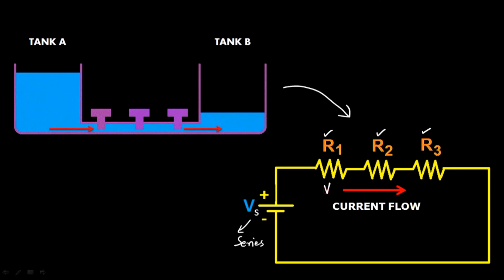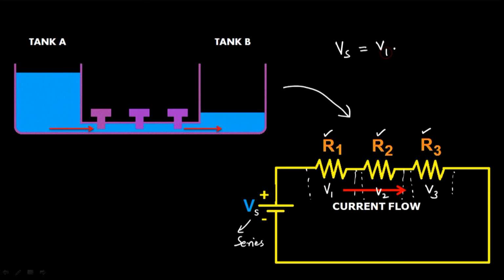Let us call V1 the voltage dropped across the resistor R1, V2 the voltage dropped across the resistor R2, and V3 the voltage dropped across the resistor R3. So we can see that the total voltage Vs is dropped across all the 3 resistors.